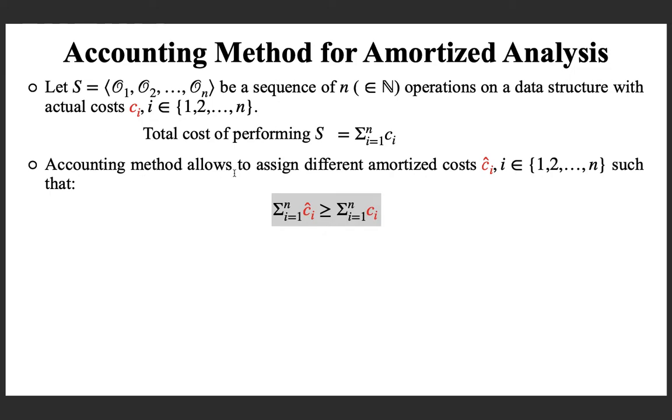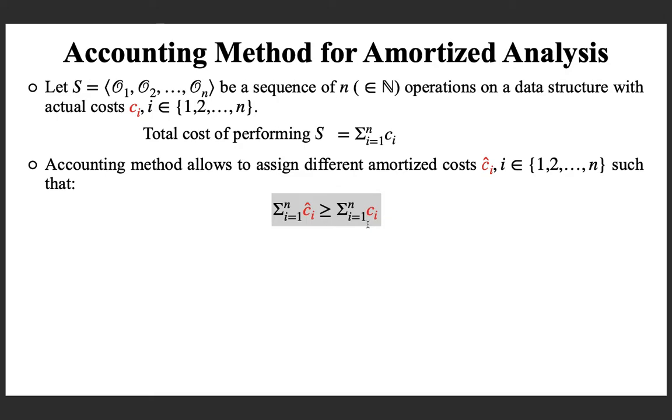An accounting method allows us to assign different amortized costs for all operations. You know that there are n operations, and C1, C2, etc. Cn are the actual cost for all these operations, and actually you can have amortized cost such that the total amortized cost is greater than or equal to the total actual cost.